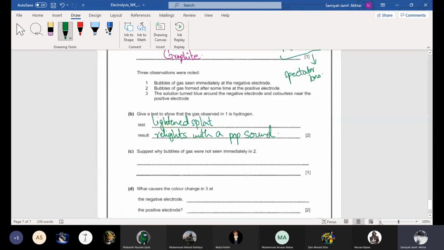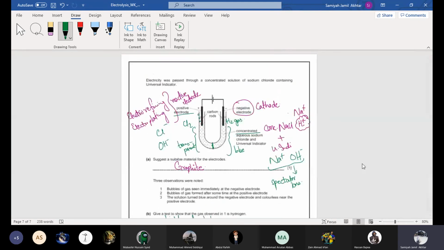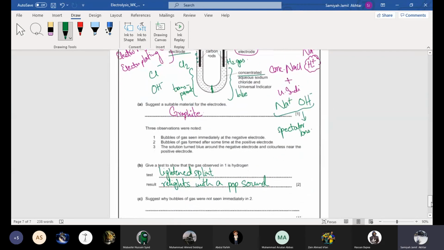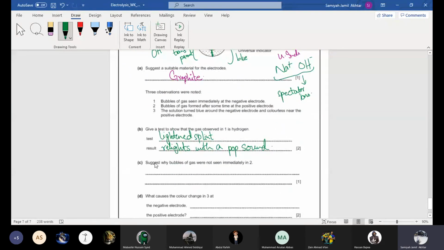Next question is, suggest why bubbles of gas were not seen immediately. Ma'am, because chlorine took time to go through the membrane. Yeah, because of the ion selective membrane.